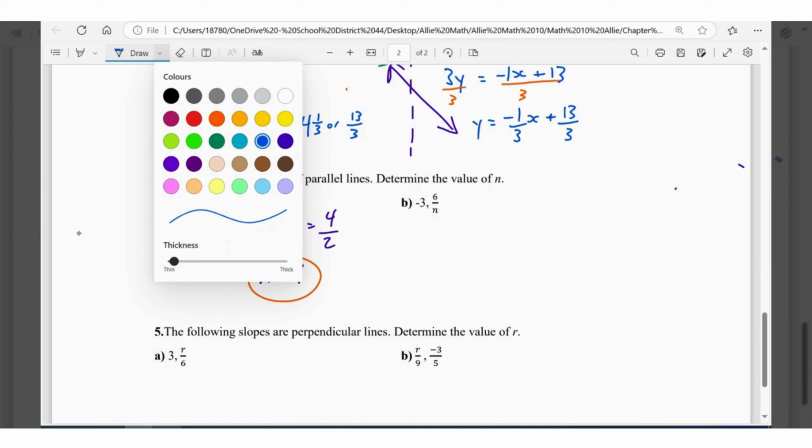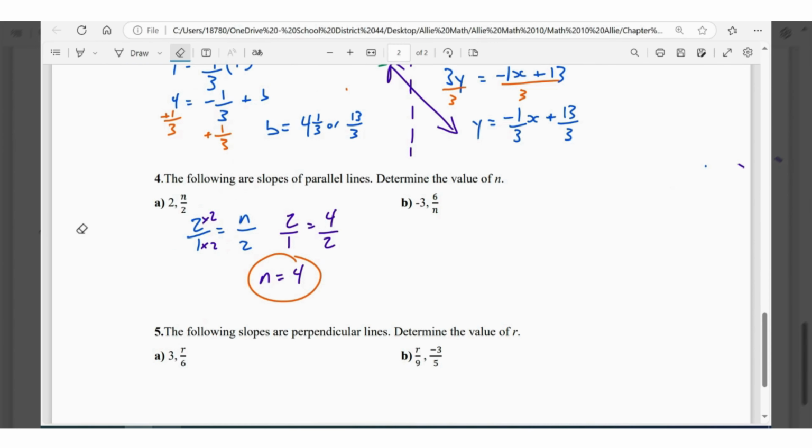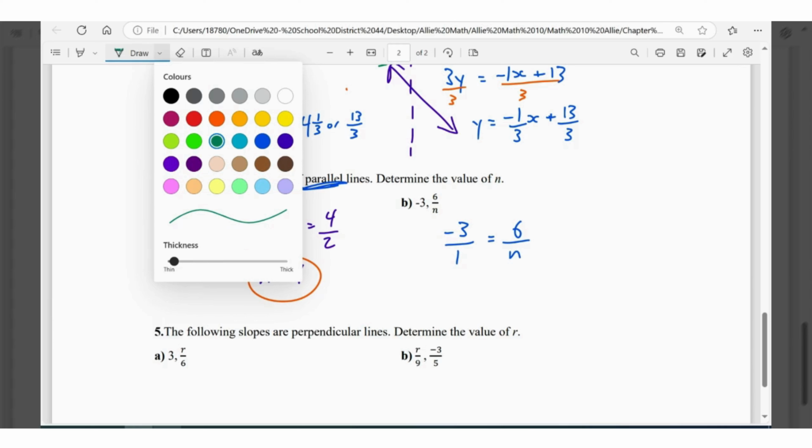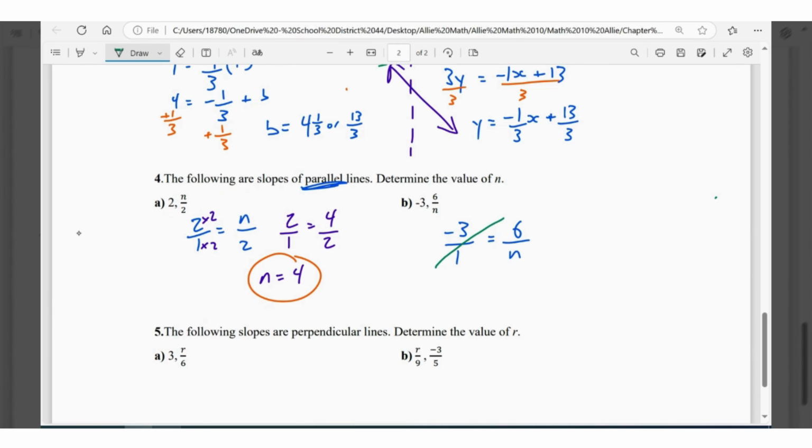And then there's another way to do these. I tend to like to do them that way, but maybe you'll remember our very first unit when we had to do a lot of cross multiplying and dividing. Remember, these are parallel, so we want the same slope. So -3, I like to set it up as fractions or ratios. -3 equals 6/n. And when we cross multiply and divide to solve for n, you cross multiply the 2 that are numbers and divide by the third one.